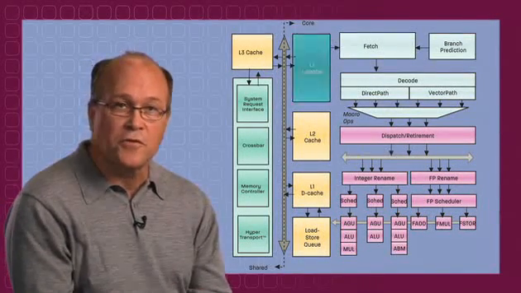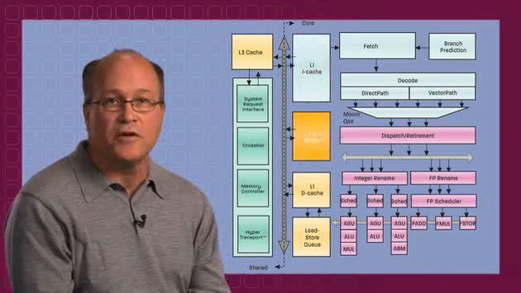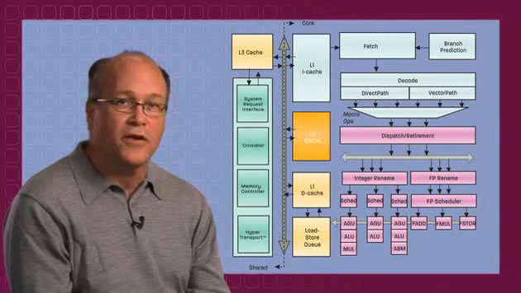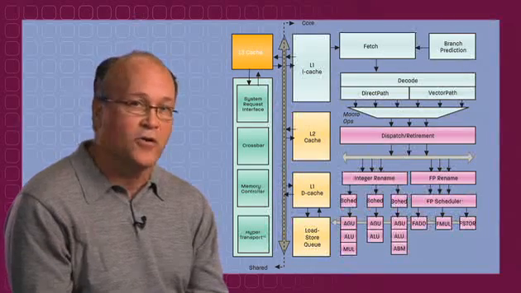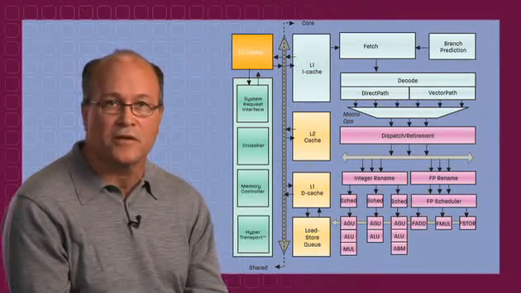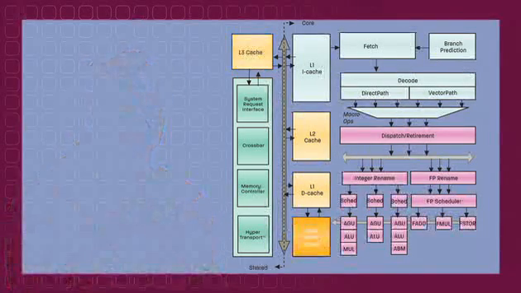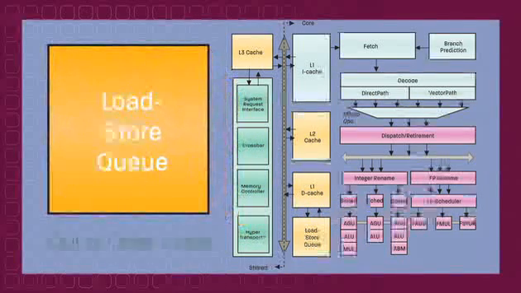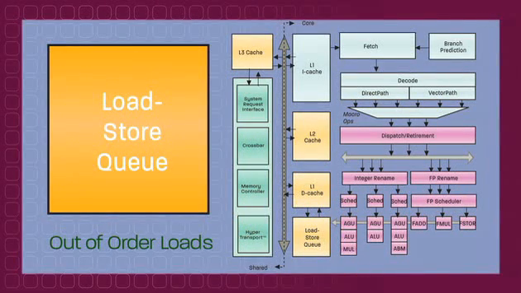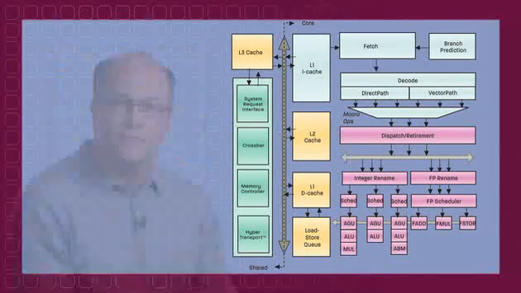Each core has 64K instruction cache, 512K L2 cache, and shared among all the cores is the new L3 cache that can go up to 6 megabytes depending on the configuration. Something you'll notice in simulations is out-of-order loads. The processor retains its in-order retirement, but loads are done out of order.